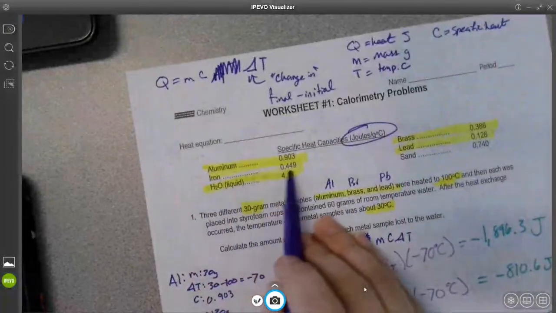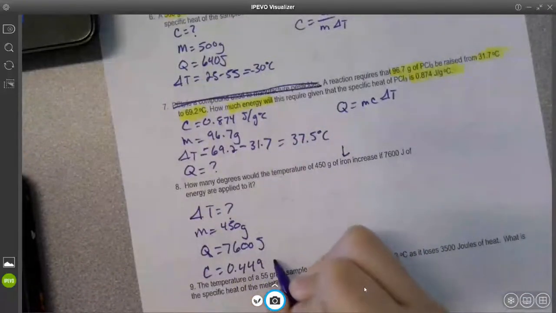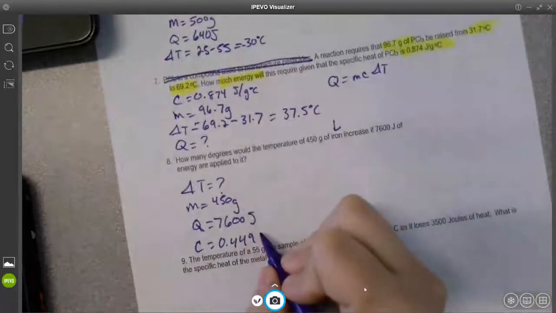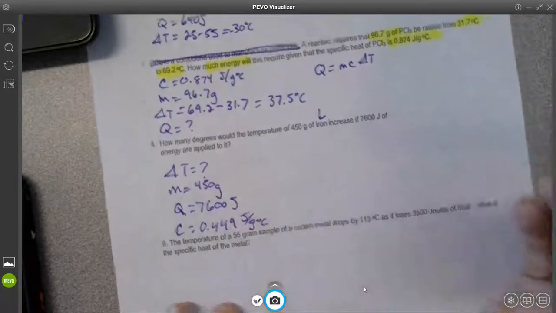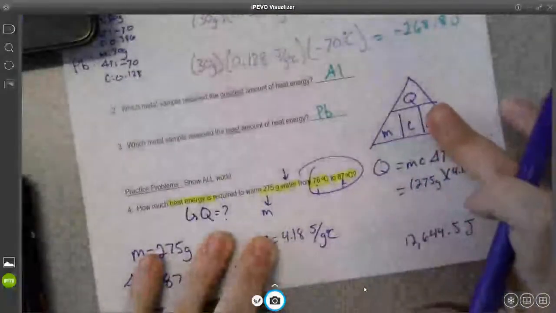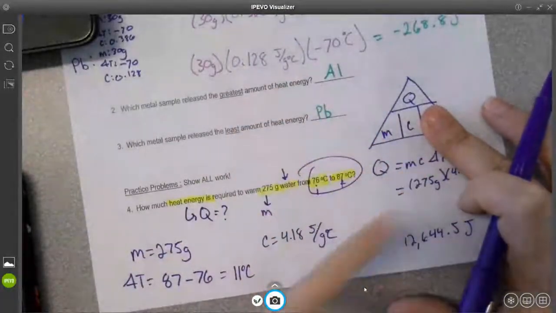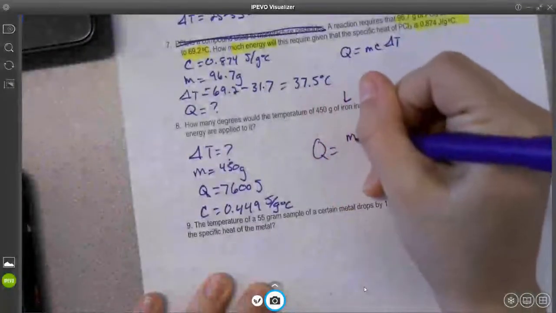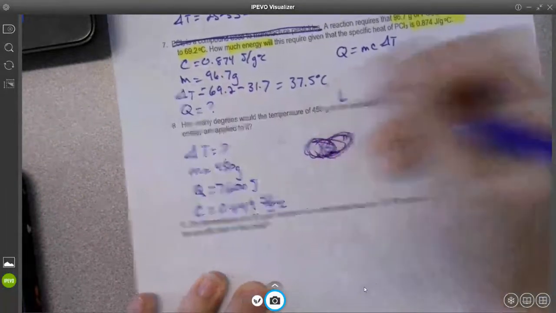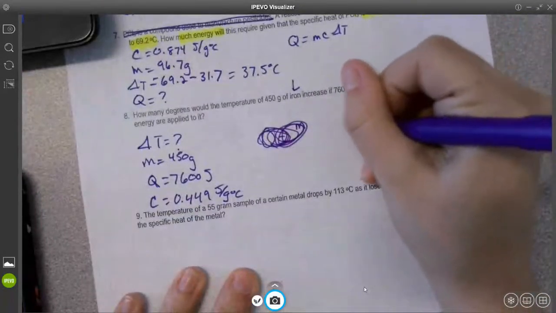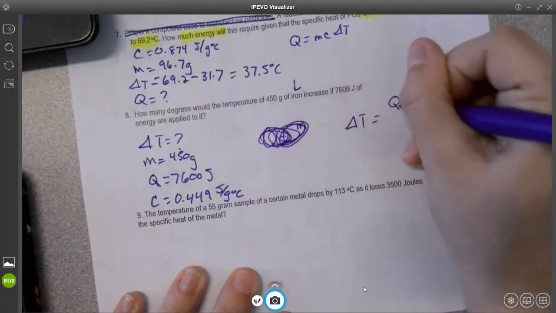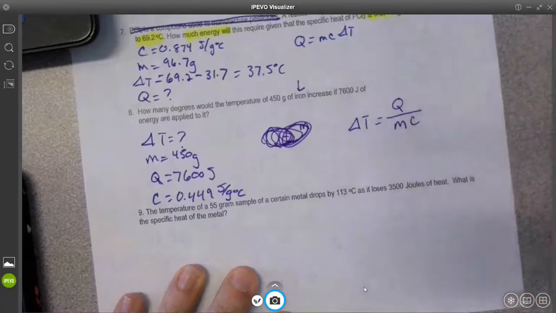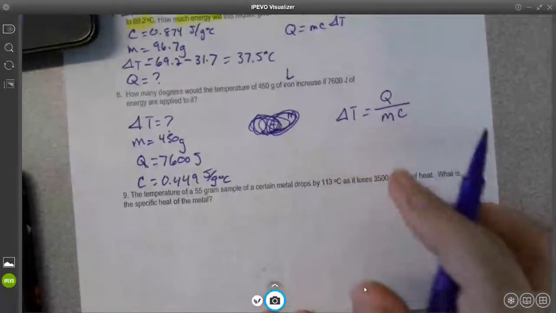Iron is right here in the middle, 0.449. Grams, joules, and joules. Okay, so if you are looking for your change in temperature, simply cover up your delta T: Q divided by M times C. So this should be our equation that we're using.